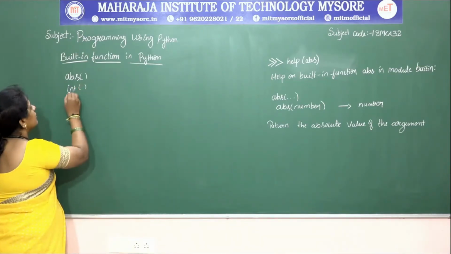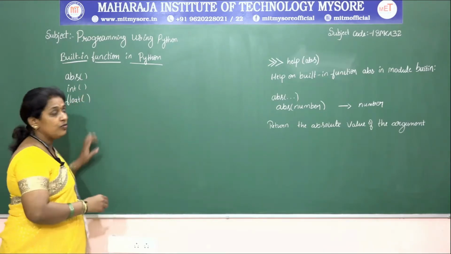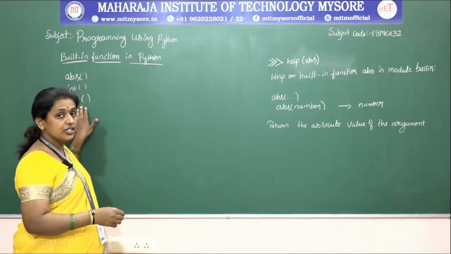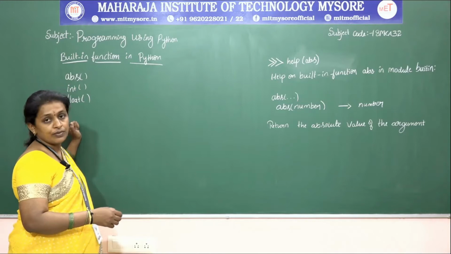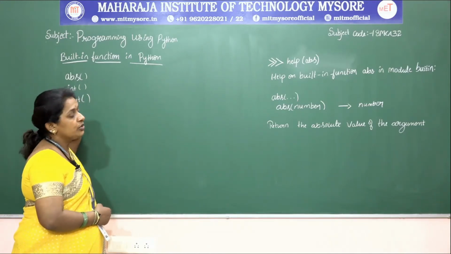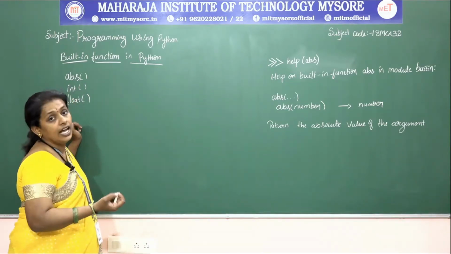After that we discussed float. Whatever value is passed as an argument to this function, it will convert it to a floating point value. Continuing with built-in functions, the next built-in function is help.